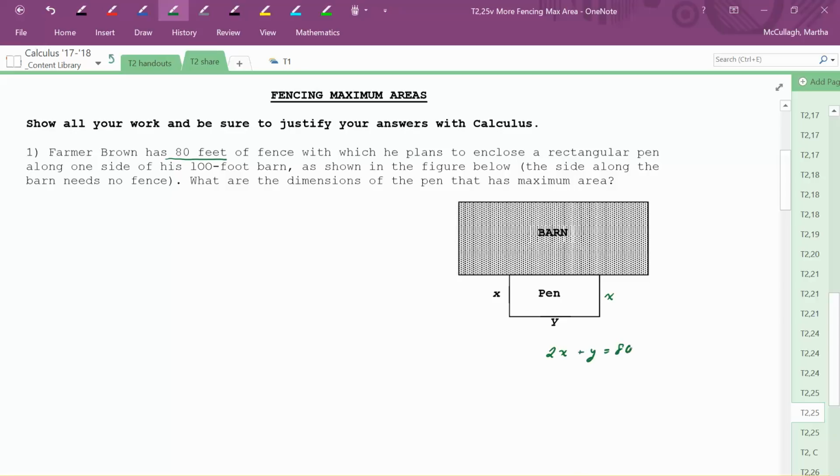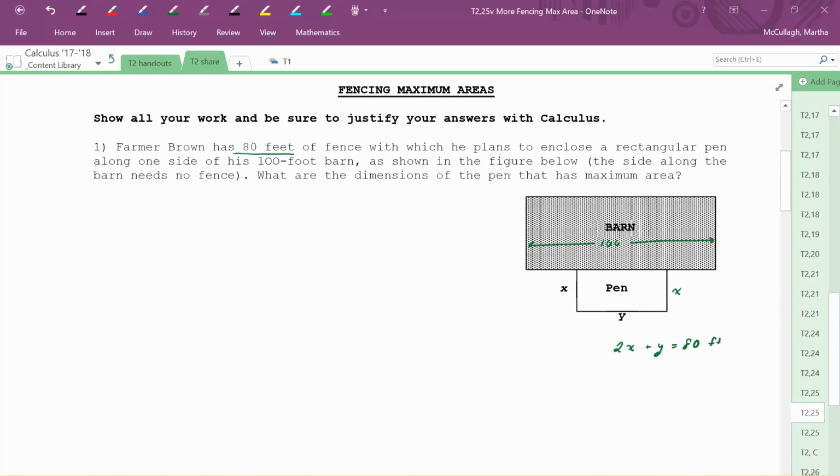He doesn't have to put fence along the barn, and we don't have to assume how long the barn is. We know that the barn is 100 feet long. So we've got plenty of fencing. Even if you stretch the fence out just along the edge, we have 80 feet, which is not as long as the barn is.